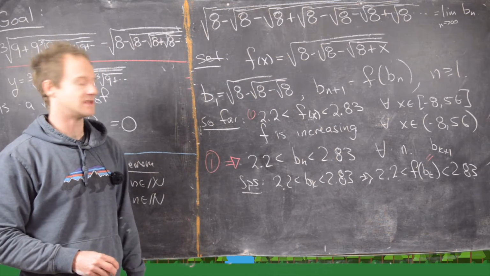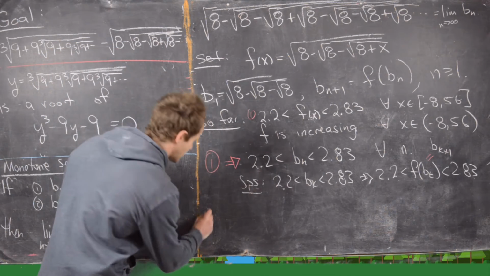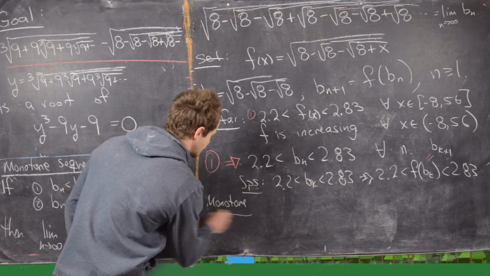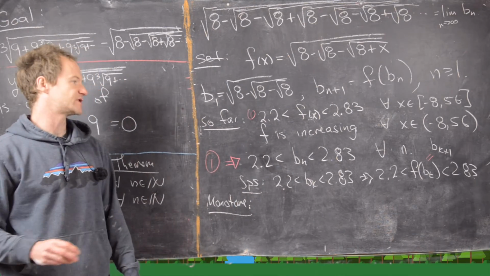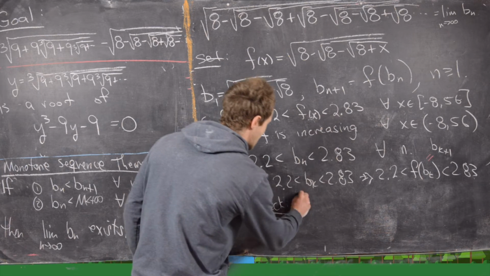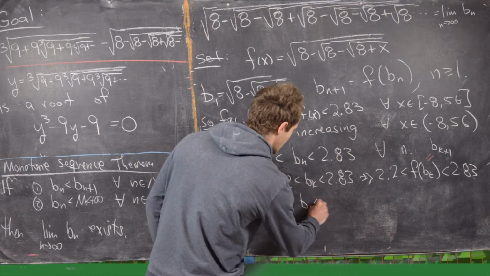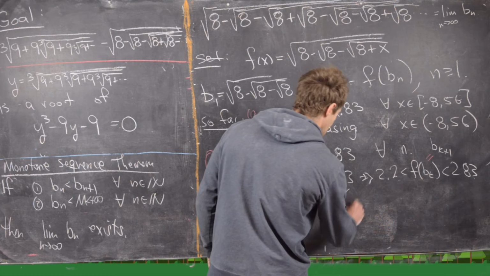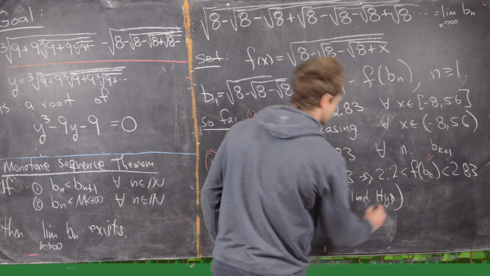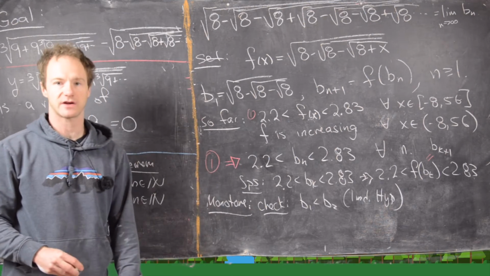And then the next thing that we can do is show that it's monotone, and we can do that by induction as well. And so it's easy to check kind of by hand that B1 is less than B2, and that would be our base case. And so that's just a simple calculation.